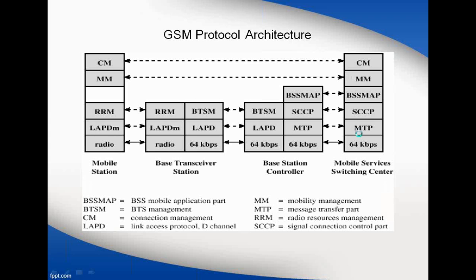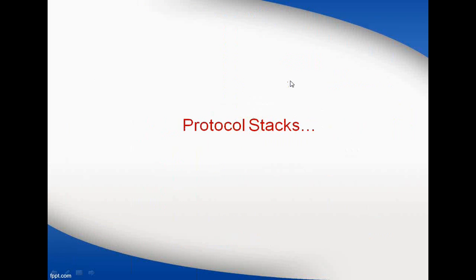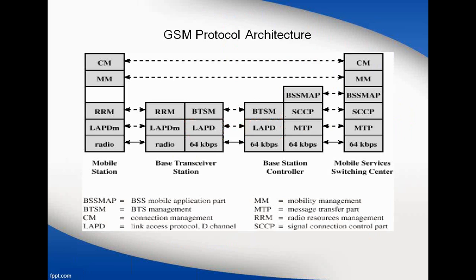So this is a simple mapping, and as we discussed previously, here we have the SCCP, which takes care of the global title translation and the TCAP user part. Obviously here you will see your MTP and your SCCP, which is going to map with the BSS map.